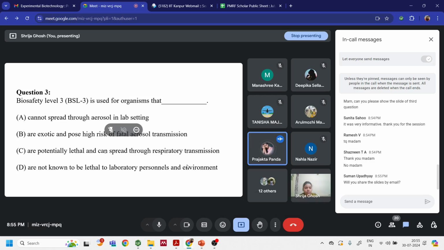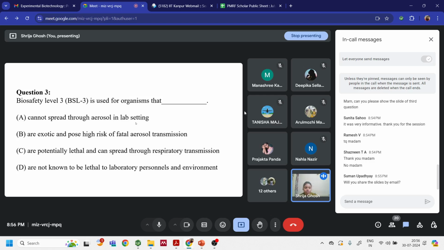Ma'am, for disinfection, what do we prefer? Ammonium salts or the hydrogen peroxide? For disinfection, I think hydrogen peroxide would be the better choice. But ma'am, we can also use quaternary ammonium salts. Quaternary ammonium salts, I am not very sure on that.